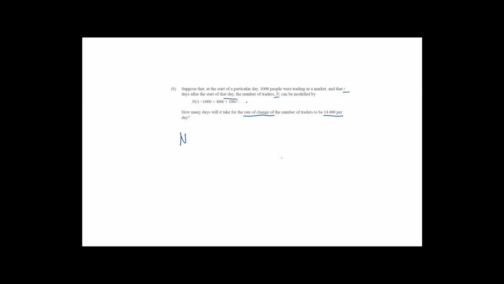If n of t is 1,000 plus 400t plus 100t squared, then n prime of t is going to be 400 plus 200t, and we want to set that equal to 14,400 and solve for t.